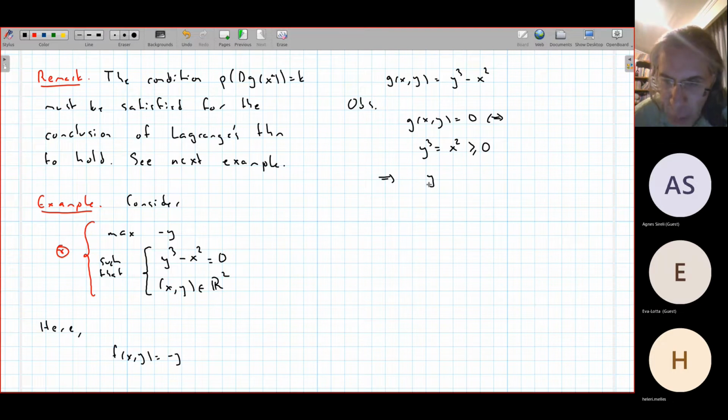And that implies that y must be greater than or equal to 0. Are you with me? Okay, pretty good.